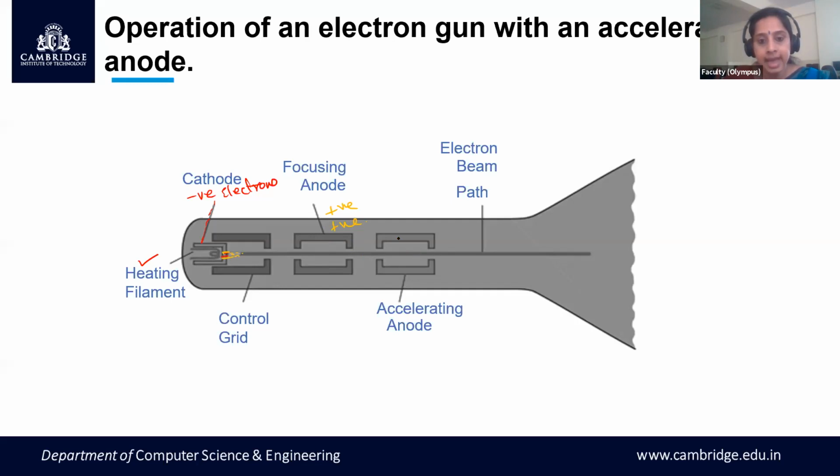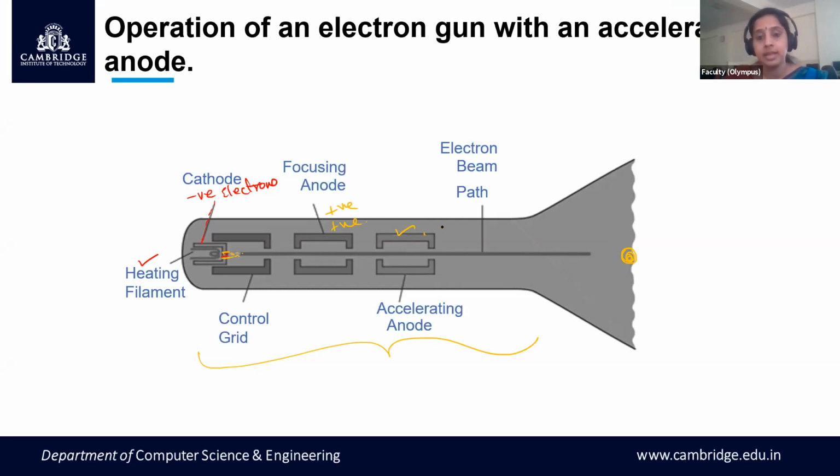And then next, the accelerating anode. What do you mean by accelerating? Accelerating itself means pushing it, giving force. Because of the distance it travels from here to here, there is a chance of the electrons going weak, the intensity going weak. Then when it comes to the phosphor screen, the brightness might be reduced.